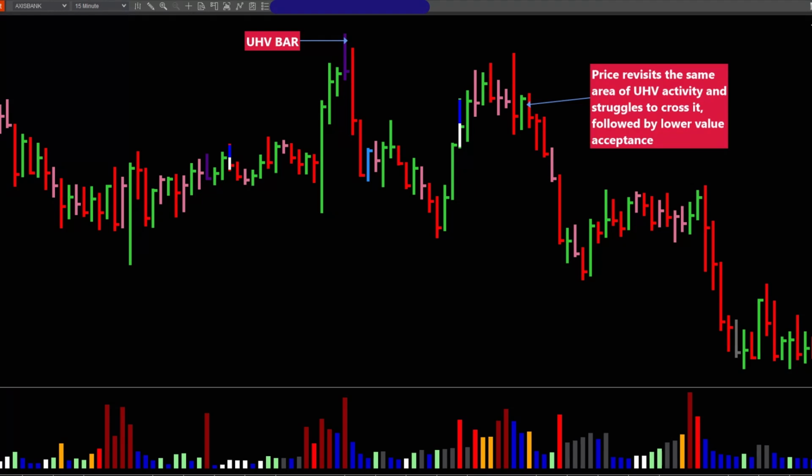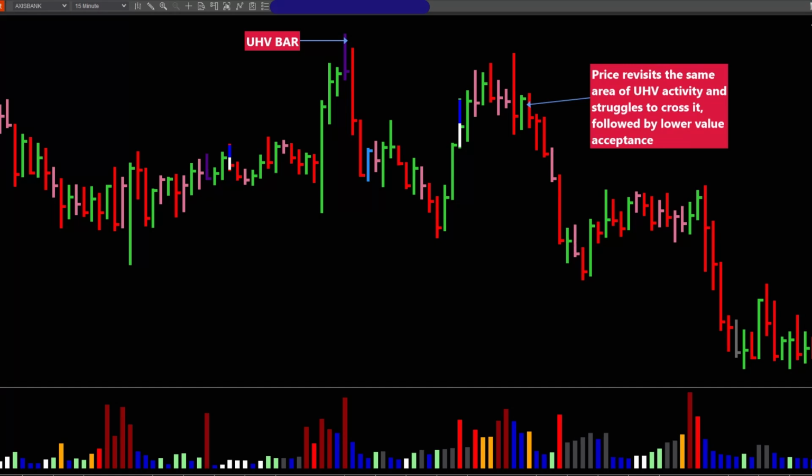Okay, here we are discussing the ultra high volume bar activity. So basically what will this software do? We are having 2000, 3000 scripts, whatever the number of scripts you are running on your watch list. It will detect the ultra high volume activity. Here, in this particular blue bar, we can see that an ultra high volume activity has come, and it has successfully told us that ultra high volume activity has happened in this area.